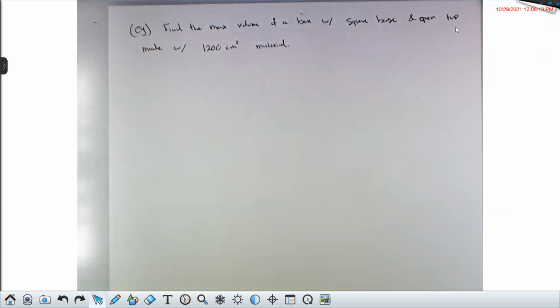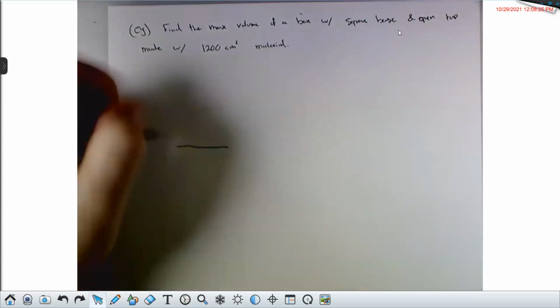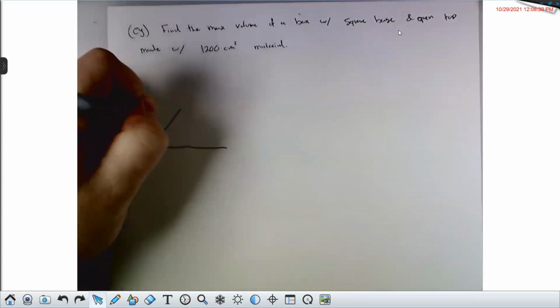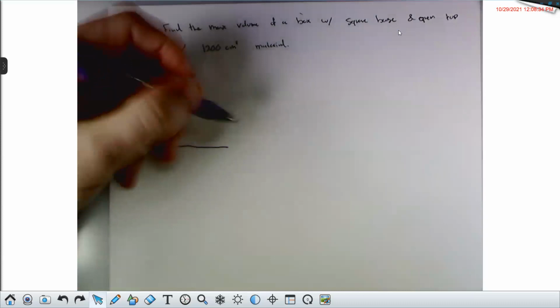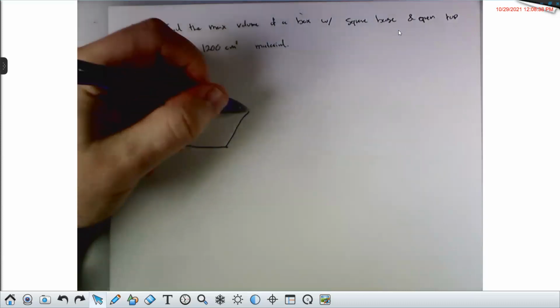Is it safe to say we're working with a cube? Like, do we have to take square very seriously that all the sides have to be equal? Just the base is square. So let's start by drawing a picture. Certainly that's the move here. I am not an artist, and I don't expect you guys to be artists, which is why we like to label things.